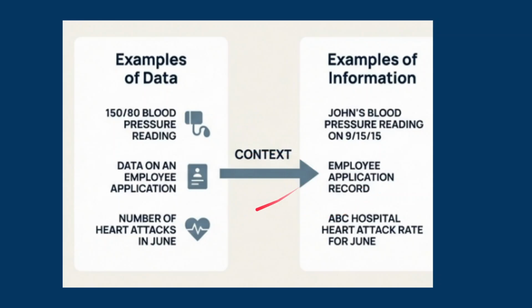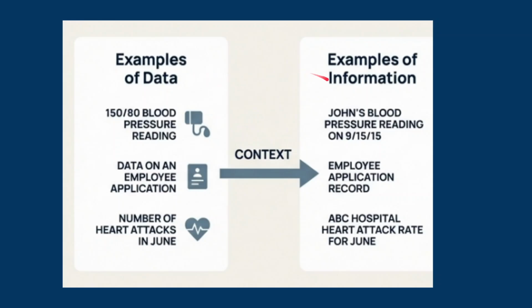That is a context. Then another example is the number of heart attacks in June. In June, many will have heart attacks, and the hospital and the rate at which heart attacks occur is the information. This is how data is converted into information based upon the context.